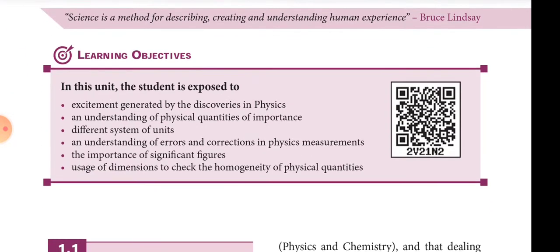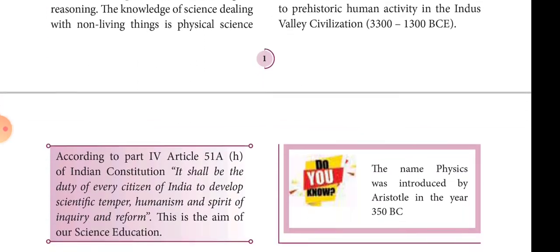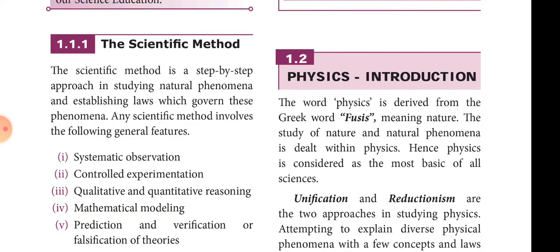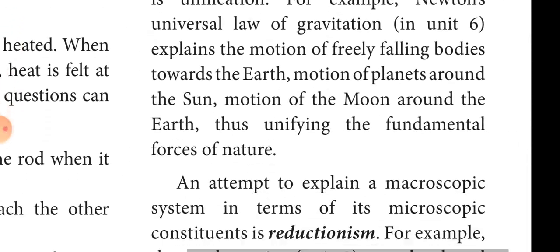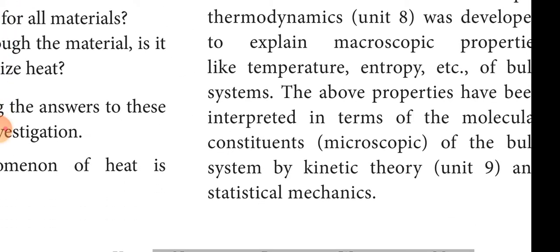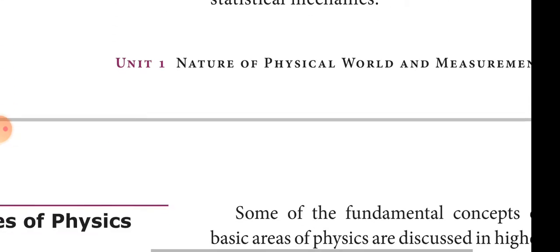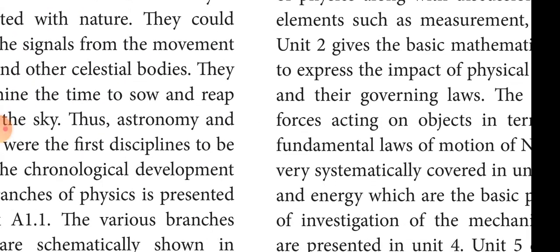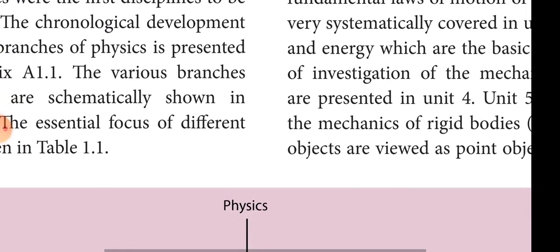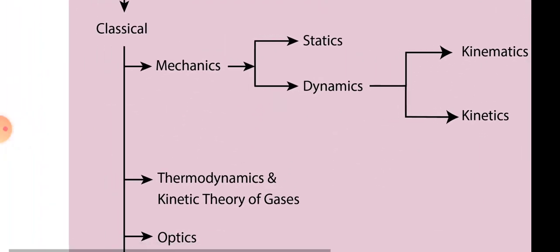And second, we go through what we mean by physics. This is just a revision. And what are the branches of physics? The branches of physics are classical mechanics, thermodynamics and kinetic theory of gases, optics, electricity and magnetism, acoustics, astrophysics, and finally relativity.